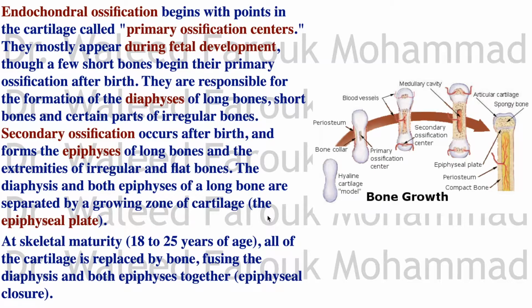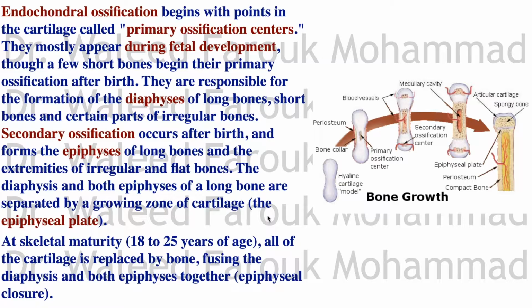Secondary ossification centers occur after birth, and they form the epiphysis of long bones and the extremities of irregular and flat bones. The diaphysis and epiphysis of long bones are separated by a growing zone of cartilage called the epiphyseal plate.